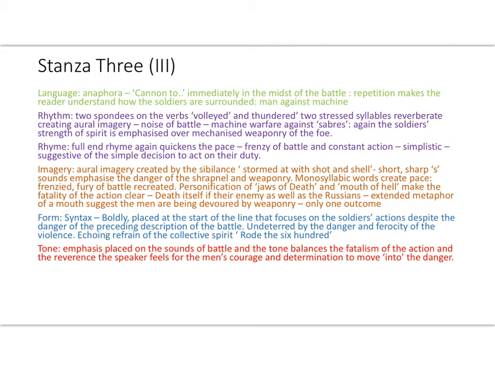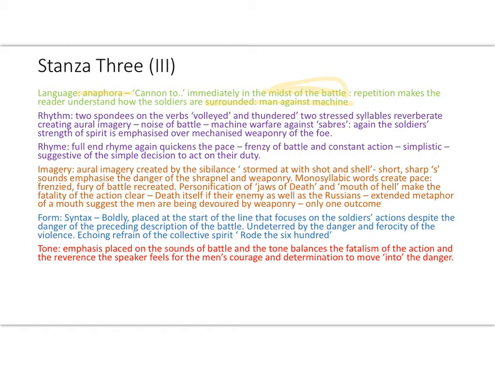Right, so again we have that use of anaphora, where you've got the repetition of a key phrase, and the repetition here is of cannon to. So we're immediately in the midst of battle. We're there with them. And the repetition makes the reader understand that you, with the soldiers, are both surrounded. We've got men against machines, and who's going to win?